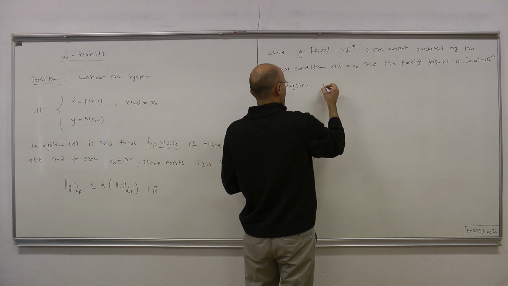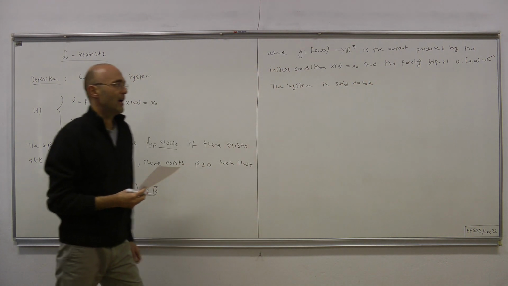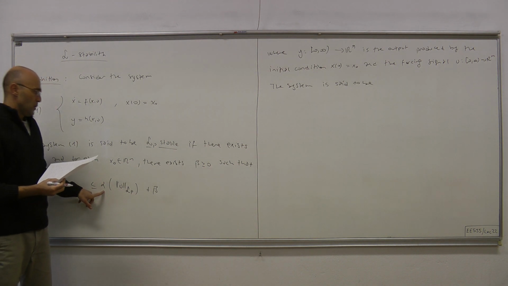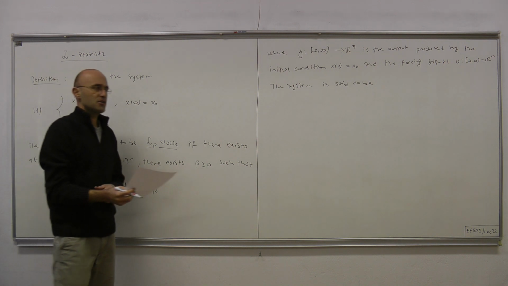is said to be finite gain Lp stable if you can obtain this inequality by a linear class K function.